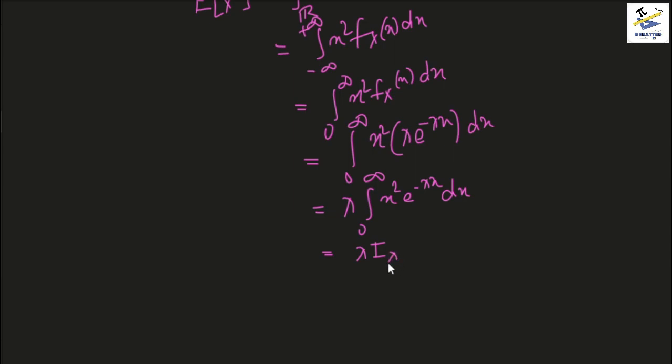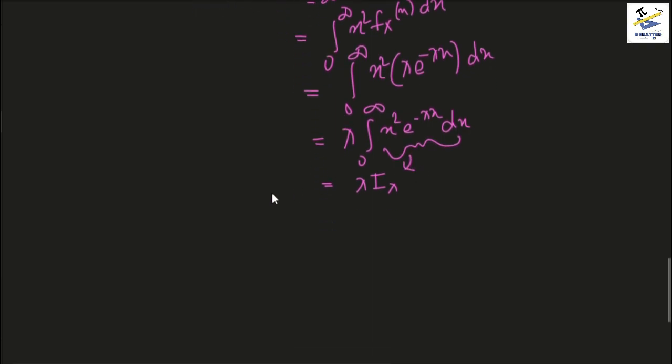So what we did here was we took out the constant lambda outside and we denoted this particular integral here by I of lambda. So we are going to evaluate I of lambda as follows.